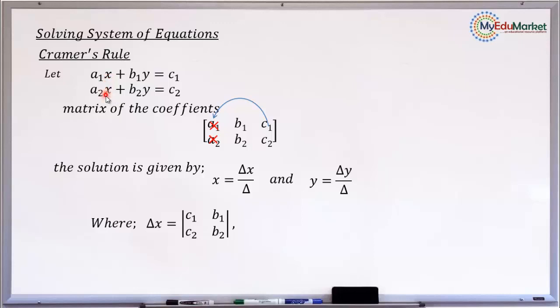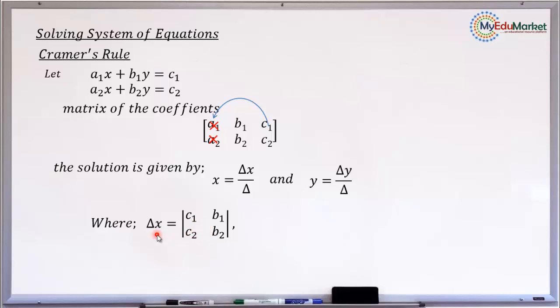What happens now is that the third column, C1, C2, replaces the first column. A1 and A2 go, and they are replaced by C1 and C2. This is the matrix you obtain, and the determinant of this matrix is del x.